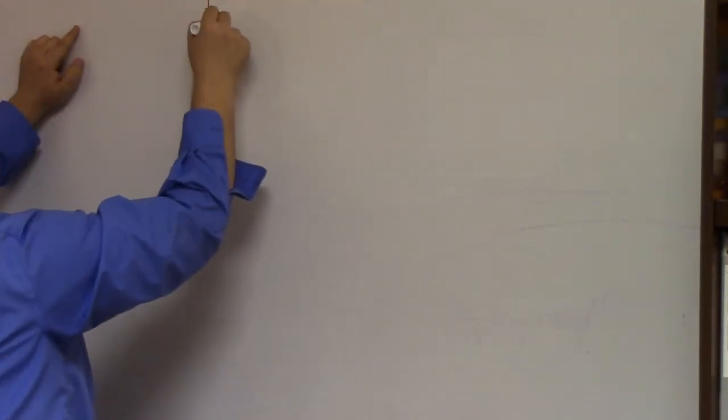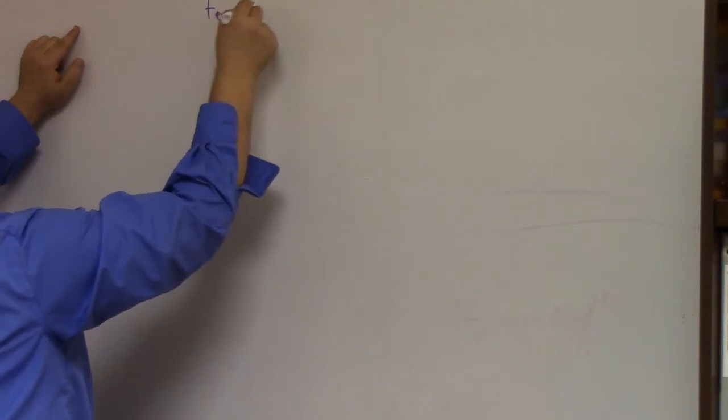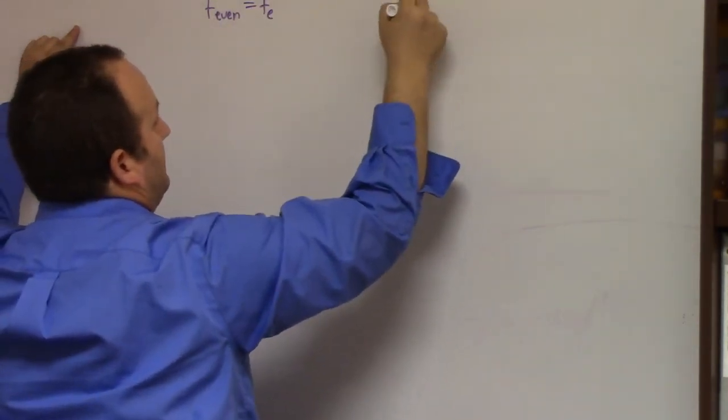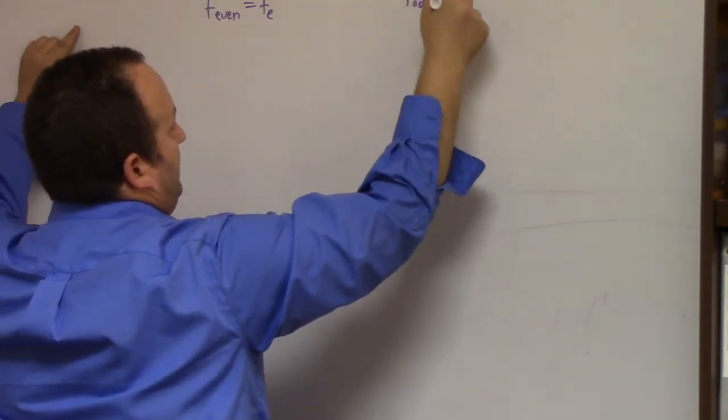So this is called the even part, or he just calls it f sub e for even. And this is called the odd part of f.